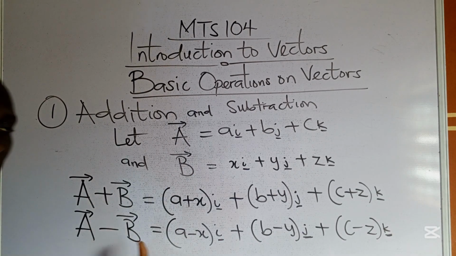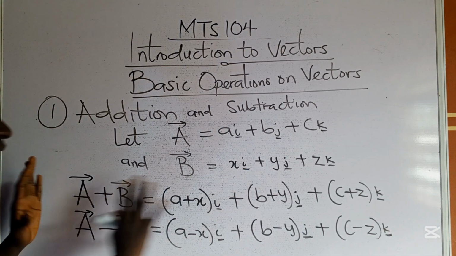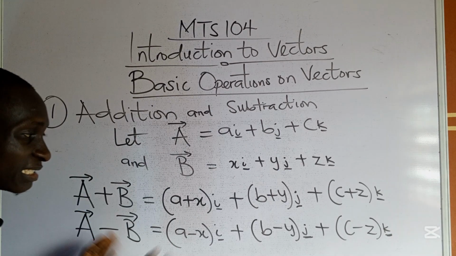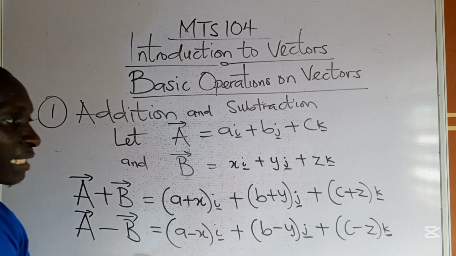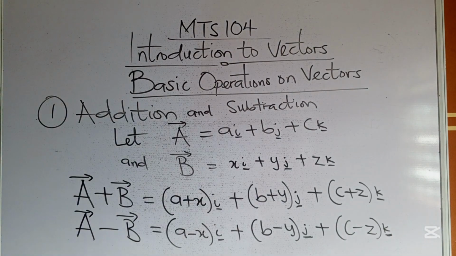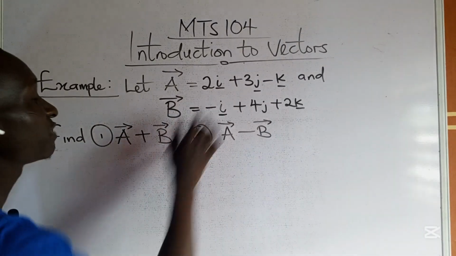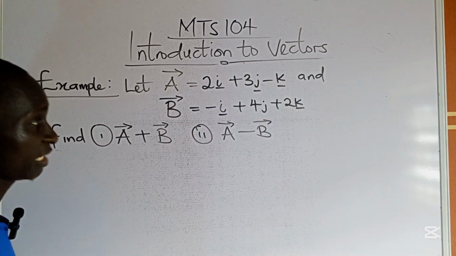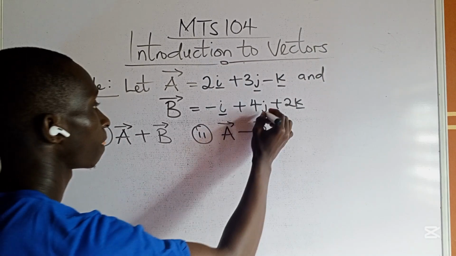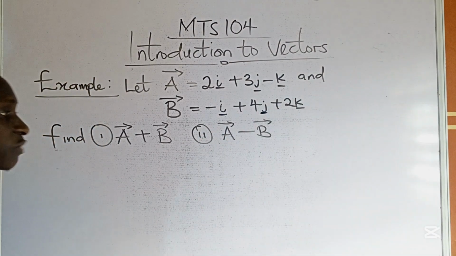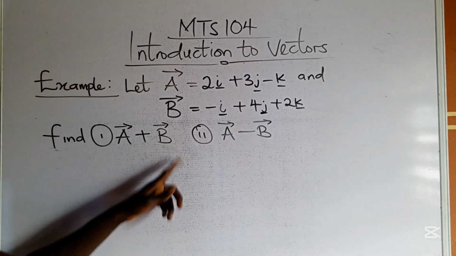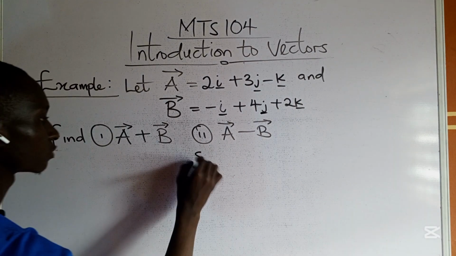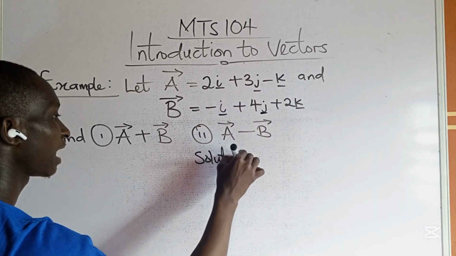Now, let's pick up examples where we are asked to add or subtract some set of vectors. Example. Vector A is given as 2i plus 3j minus k, and vector B is given as minus i plus 4j plus 2k. The question number 1 says A plus B. Now, the solution is as simple as ABC.